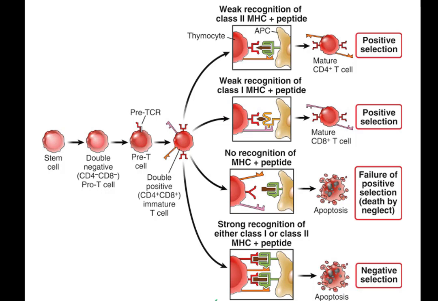Once they recognize an allele, class 1 or class 2, they finally differentiate into a T cytotoxic cell, a CD8 positive T cell, or a T helper cell, which binds to MHC class 2, CD4 positive. By definition, those are the two things that identify them: a CD8 binds to MHC class 1, a CD4 binds to MHC class 2.